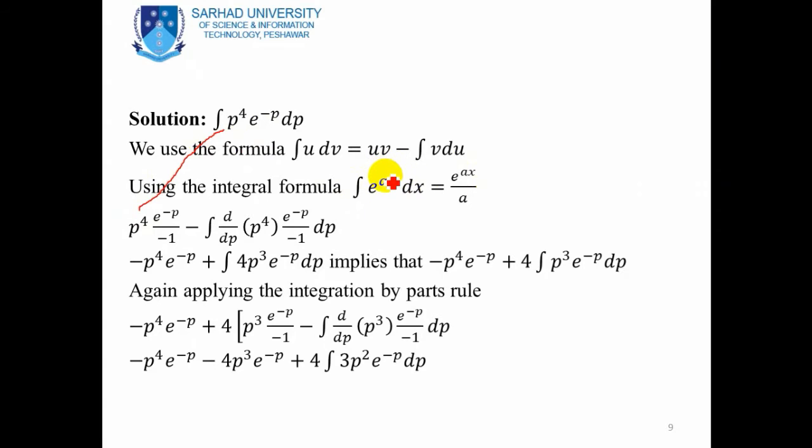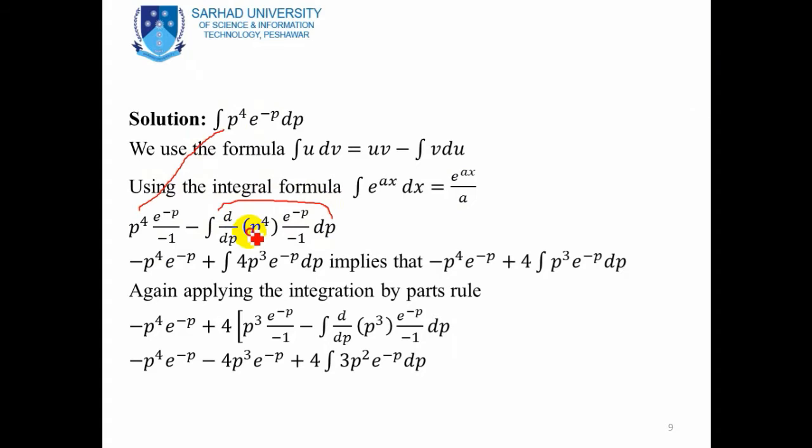The derivative of the argument ax with respect to x is equal to a, so divide by a. Now the first function is as it is, and the integration of e power minus p is equal to e power minus p divided by minus 1, minus the whole integration of the derivative of the first function times the integration of the second function. And now dp is the operator for this integration.